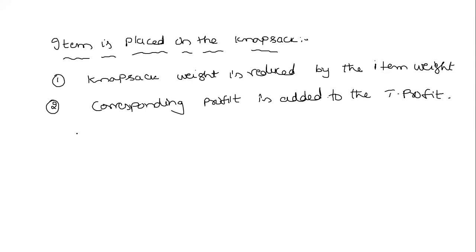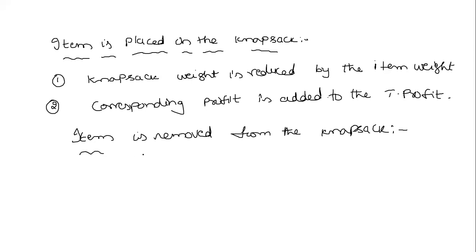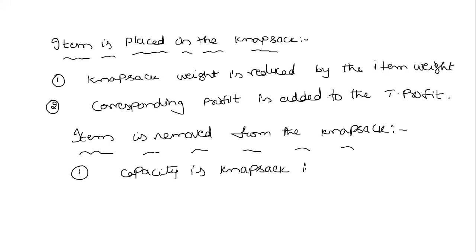Same way, in some cases, an item is removed from the knapsack. In this case also, two operations we are going to perform. So first one is capacity of the knapsack is increased.